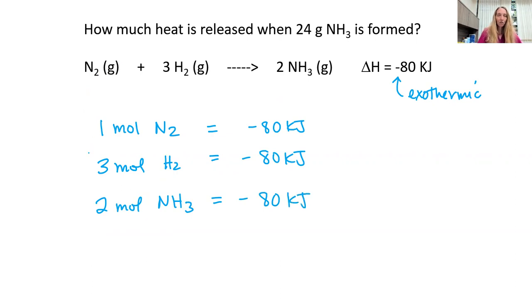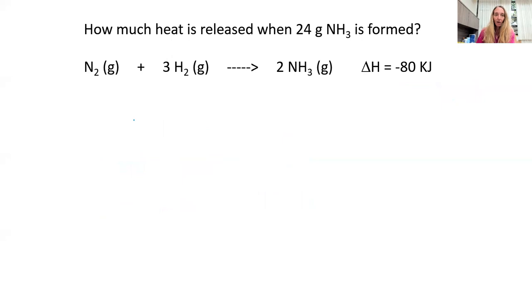So this is actually sort of like stoichiometry in the fact that we can convert from moles of one substance to kilojoules of another substance. Okay, so when we write this out, remember we've got to have our plan. And when we have our plan, we start with what we know, or what we have, which is 24 grams of ammonia.